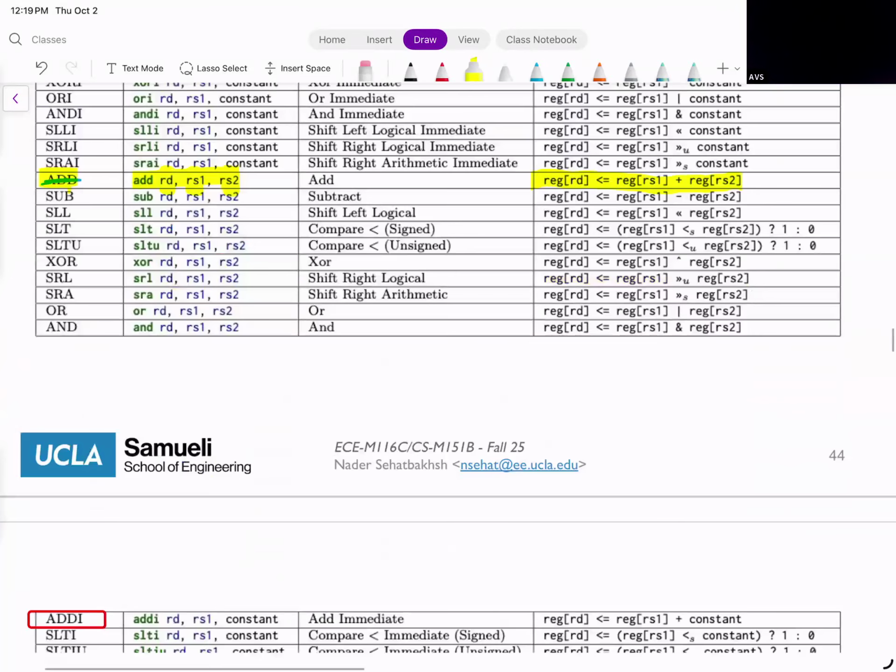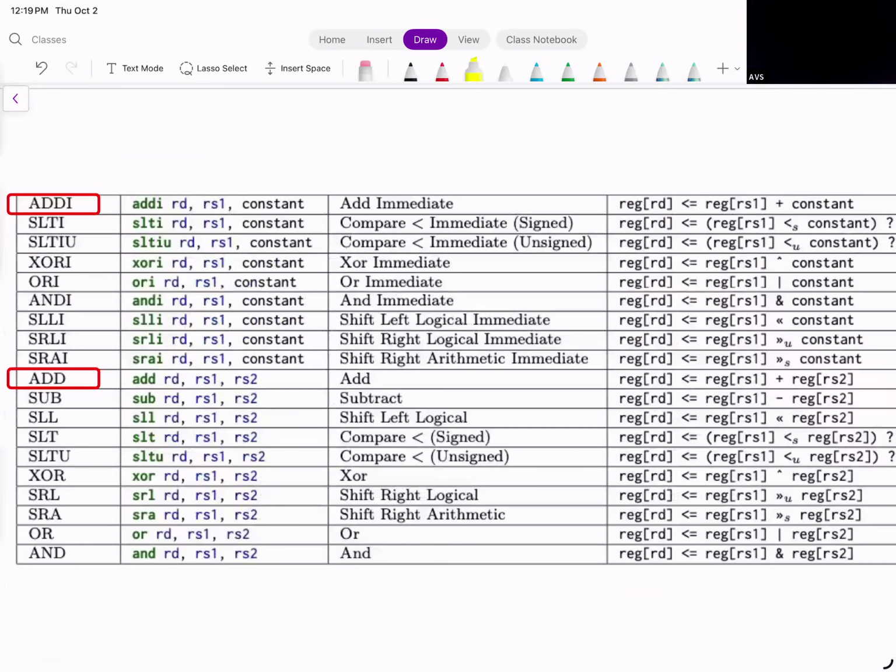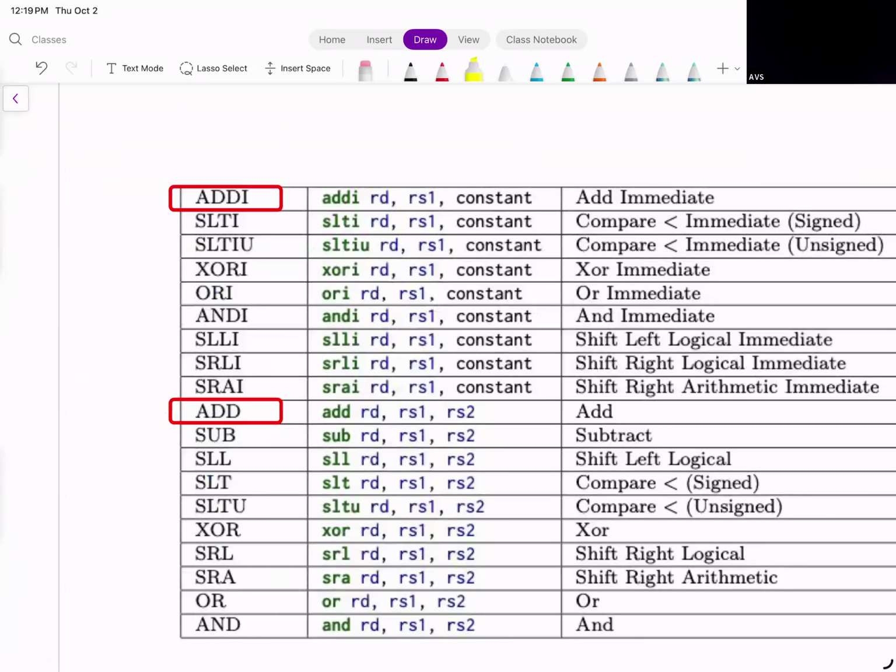Let me break it down further for you. I already spoke about add and add immediate. One thing to realize is that, to make things simpler to track, RISC-V uses this I terminology to differentiate between instructions that use an immediate as an operand versus instructions that use just two registers.